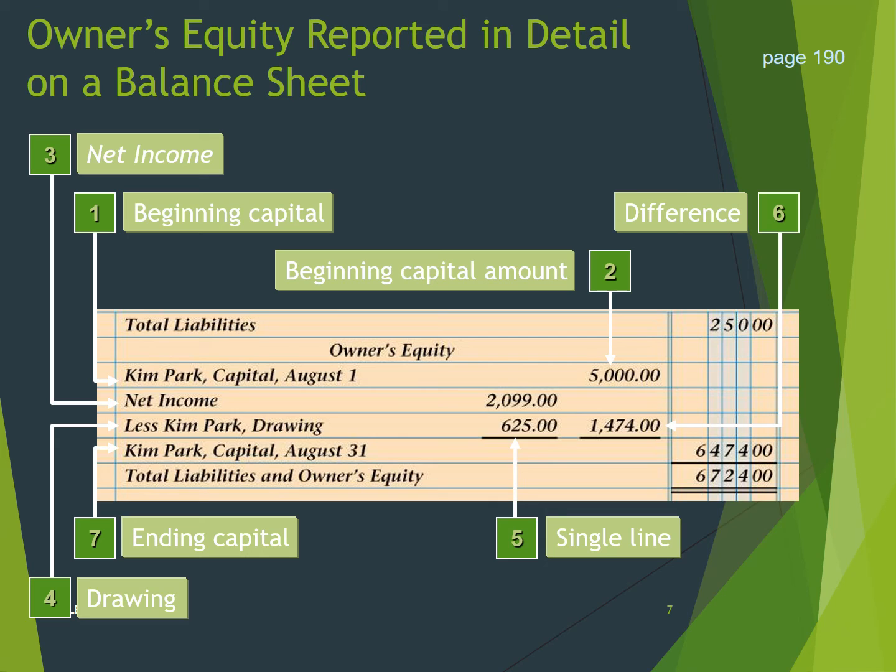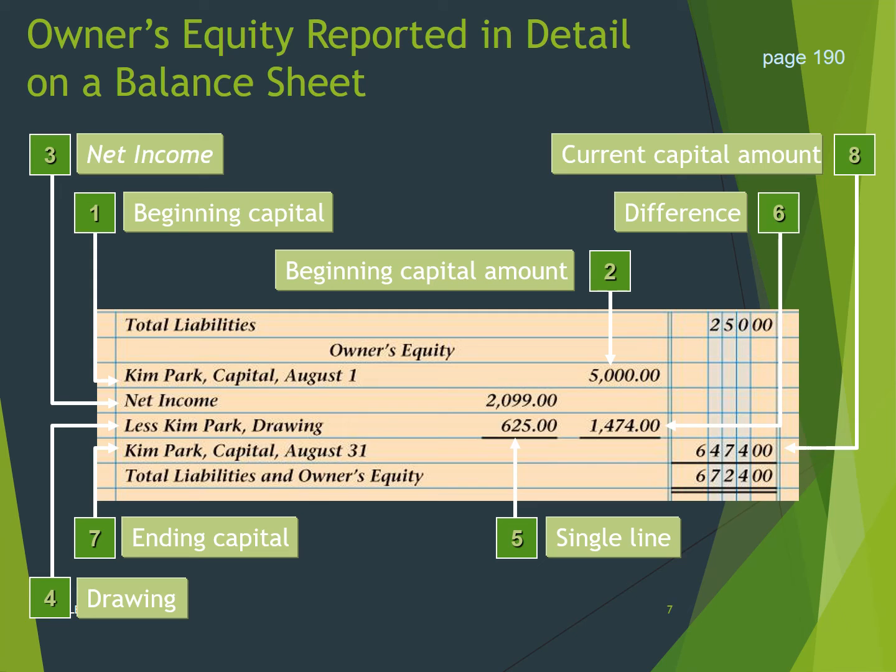So if we look at our August 1st balance of $5,000, and then we look at the difference between our drawing and our net income, which is $1,474, we are going to add the two together to find our new August 31st capital balance, which will be $6,474.